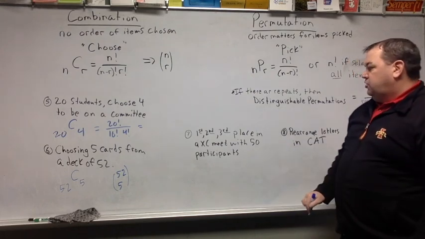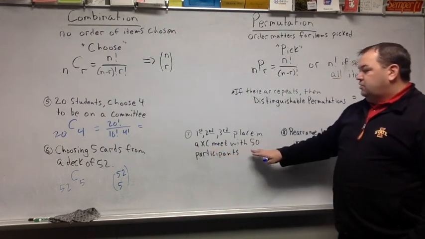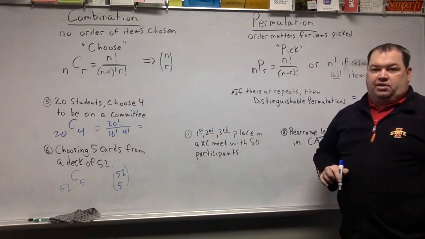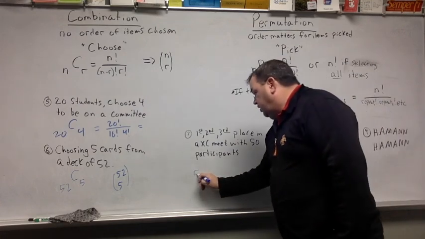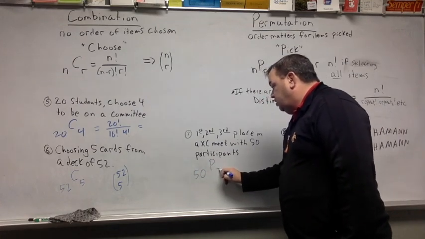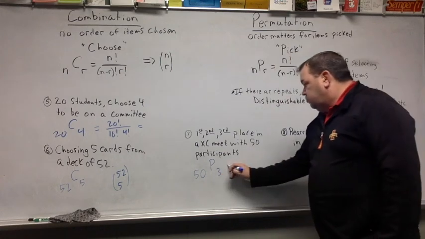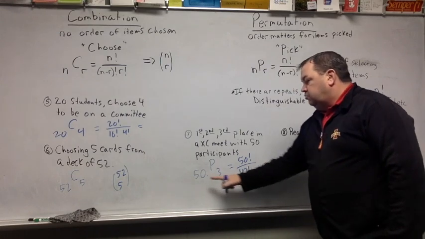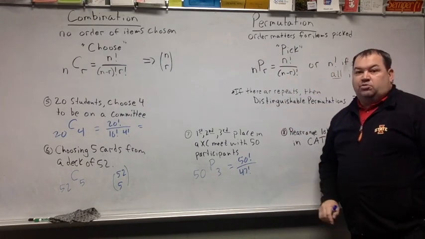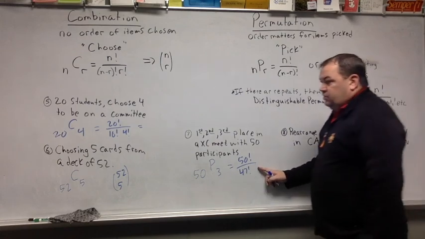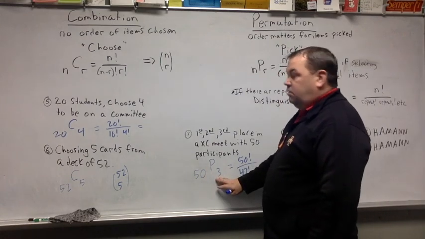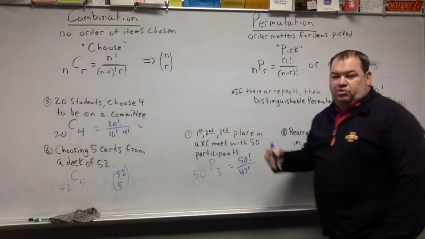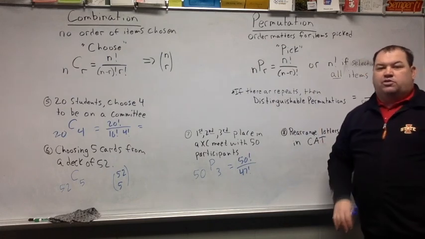First, just a permutation. Think of a cross-country meet that has 50 participants, and we're going to pick first, second, and third place. So now we have 50, and we're picking 3. So the calculation would look like 50 factorial over 47 factorial, because I subtract those two things, and I reduce that a little bit. Notice that this 50P3, or this nPr, and this nCr are both built into most calculators, graphing calculators, online graphers, things of the like.